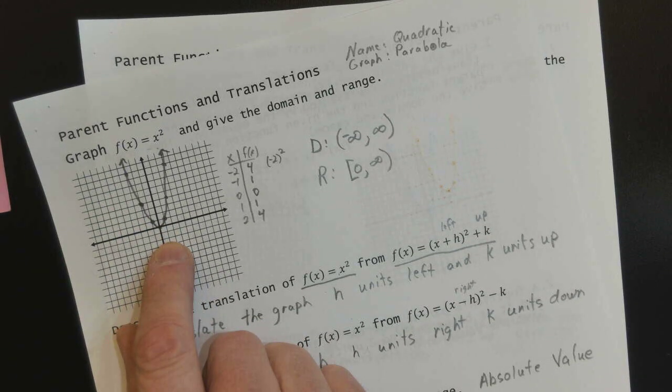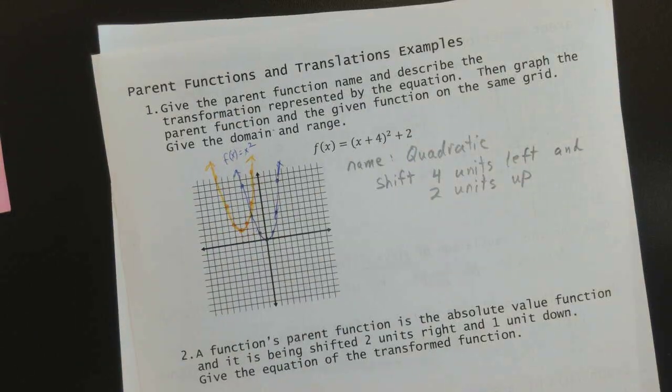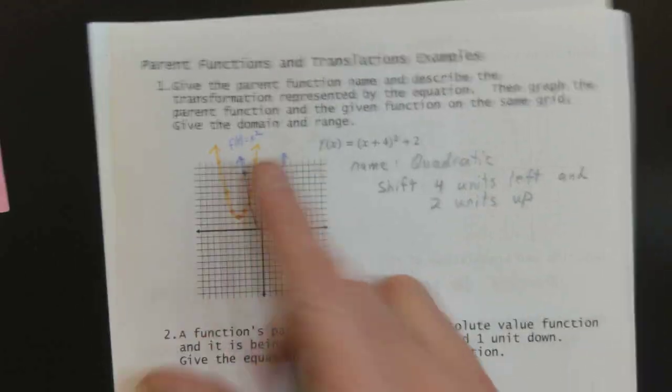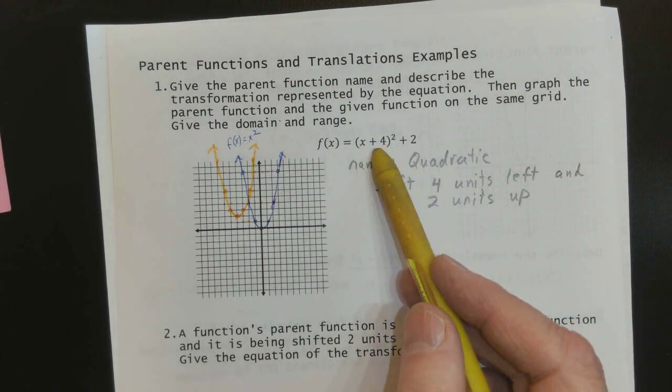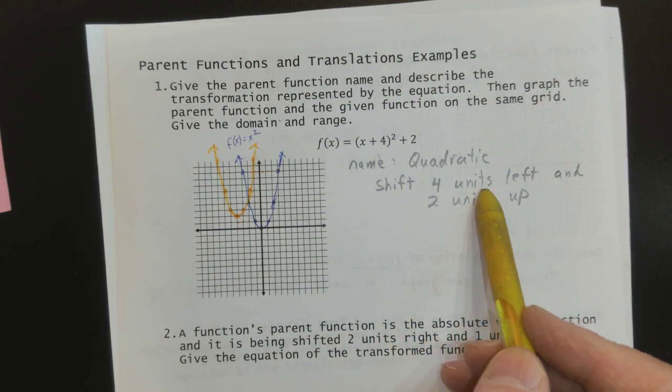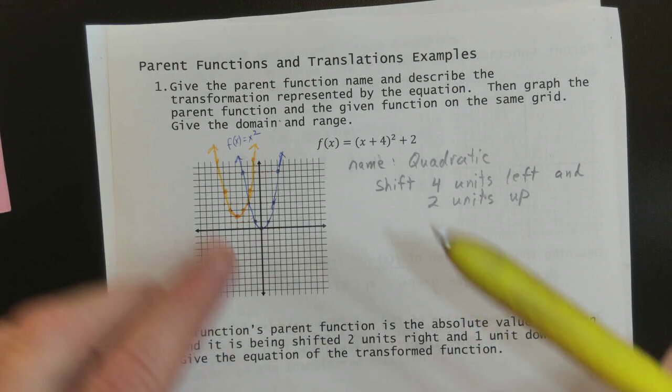That is the graph of f of x equals x squared. Good question. And that's the one we're translating with these rules.